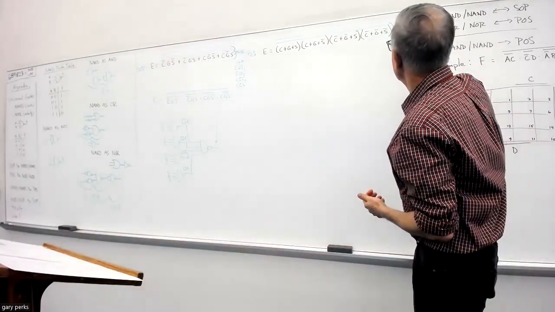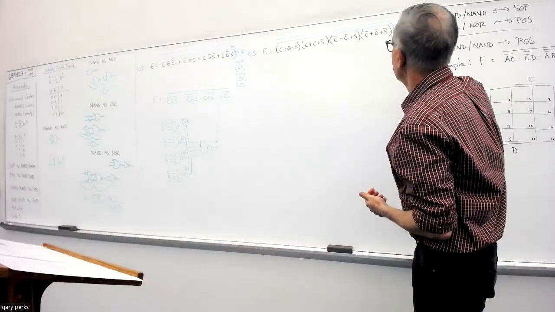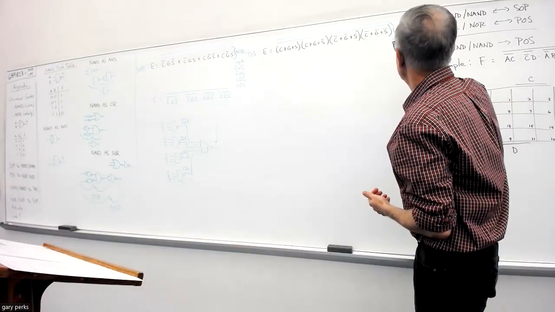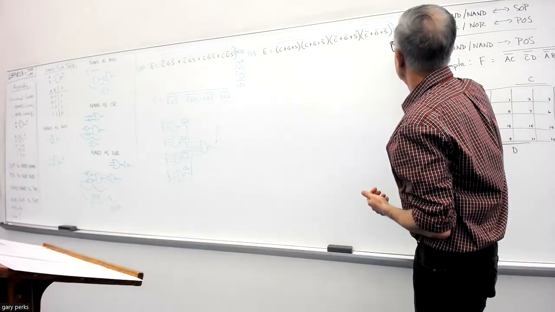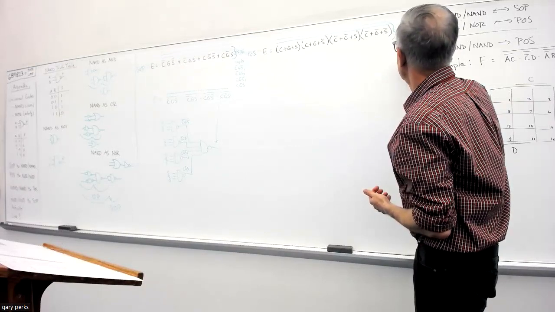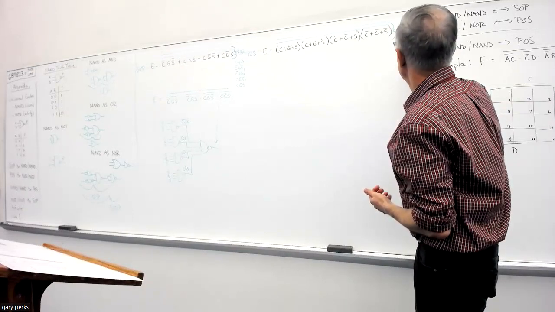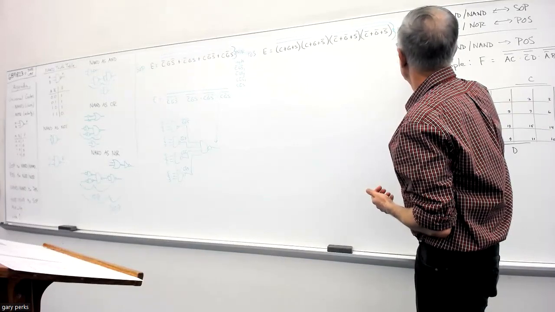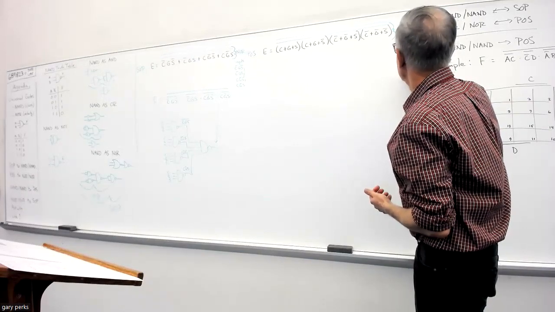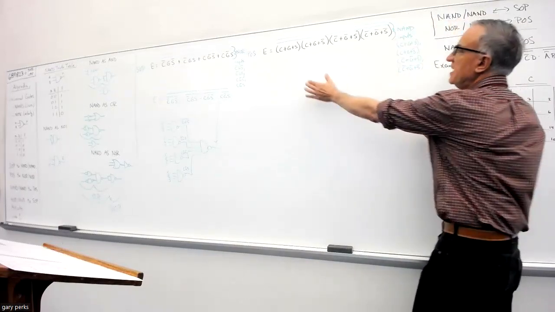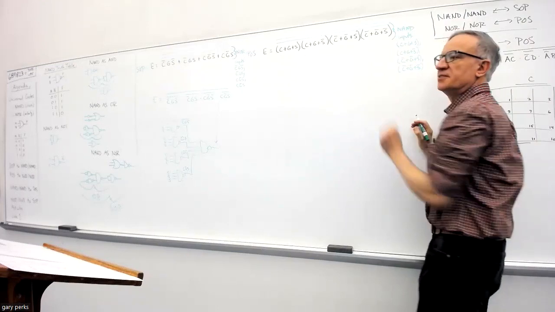This is a NAND with inputs C forward with G S, C forward with G not S, not C forward with not G S. So you see, this is a NAND with these four inputs.